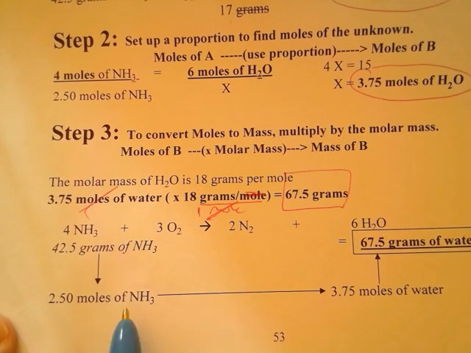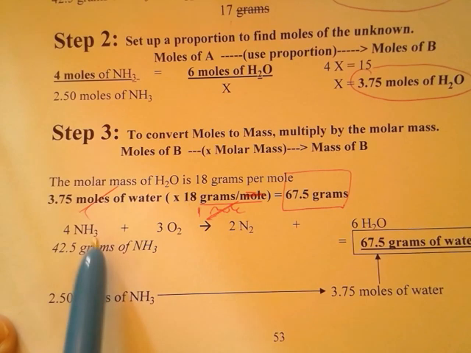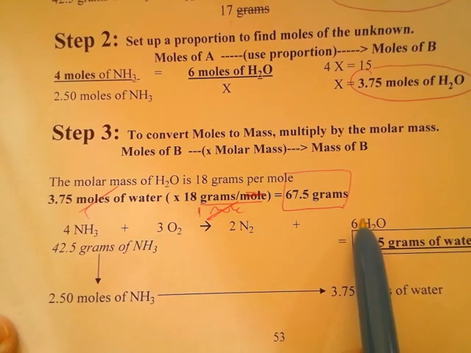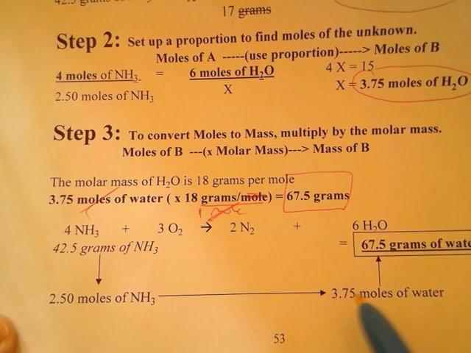Step 2 is I did a ratio. My ratio of ammonia to water was 4 to 6, so 4 over 2.5 equals 6 over X, and X worked out to be 3.75. And then finally, I converted moles back into grams, this time instead of the other way around, and that turned into 67.5 grams of water.